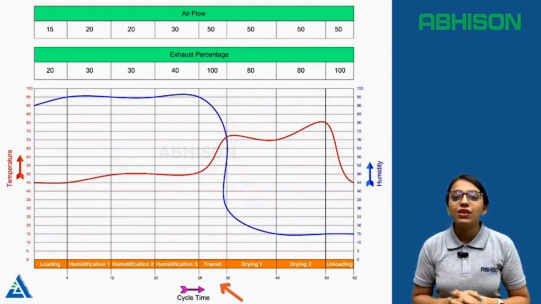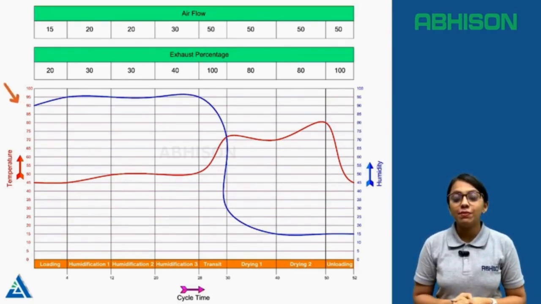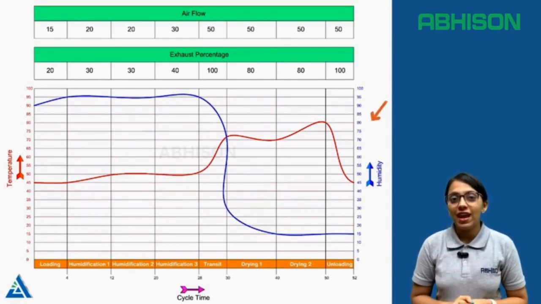For example, in humidification, you can see humidification 1, 2, 3. Similarly, in drying. The left vertical axis represents the temperature while the right vertical axis represents the humidity. The red line indicates the temperature and the blue line indicates the humidity throughout the curing process.